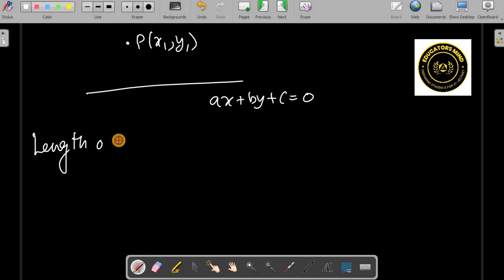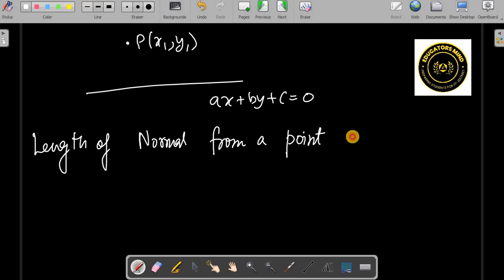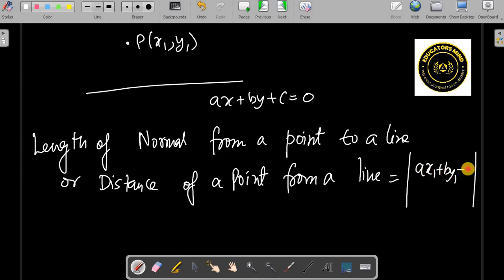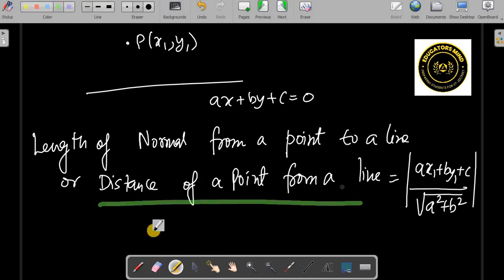So length of normal from a point to a line, or this can be said as distance of a point from a line, is given as mod of ax1 plus by1 plus c divided by root under a square plus b square. This is an important formula, distance of a point from a line, and it is used in many calculations.